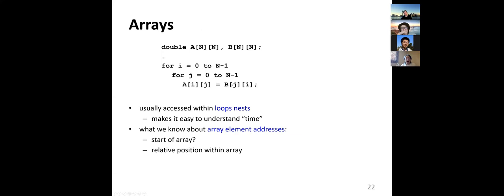So I take row i, column j, and for B, I take the other way around, right? B[j][i]. So this is a very typical code we can write, right? Something like, I don't know, transposition and things like that. So this is usually accessed within a loop nest, which makes it easier to understand the type of those arrays.